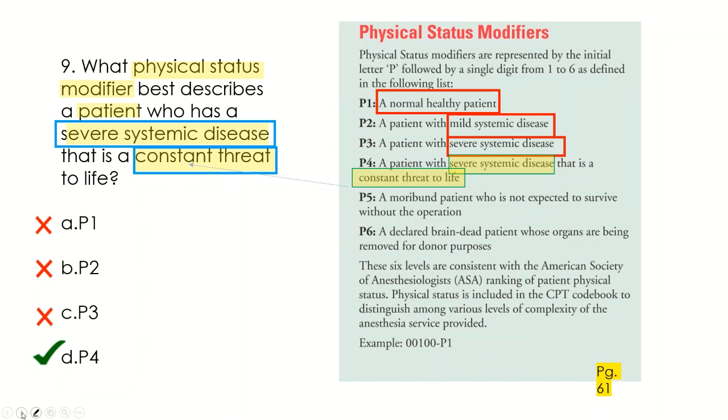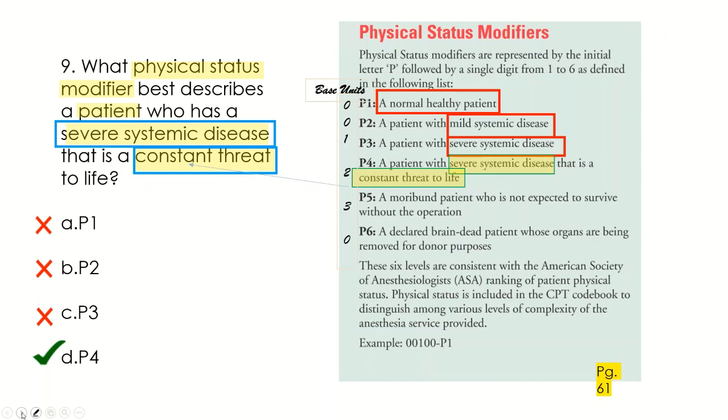We're going to be doing some calculations in a few minutes, and I know you guys have new books, so you may not have this chunned yet. So I'm just going to remind you of the base units for these physical status modifiers. 0 for P1, 0 for P2, 1 for P3, 2 for P4, 3 for P5, and 0 for P6.